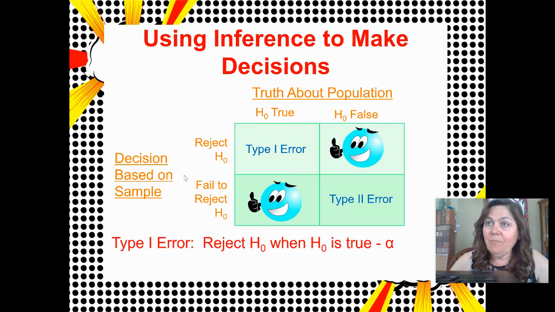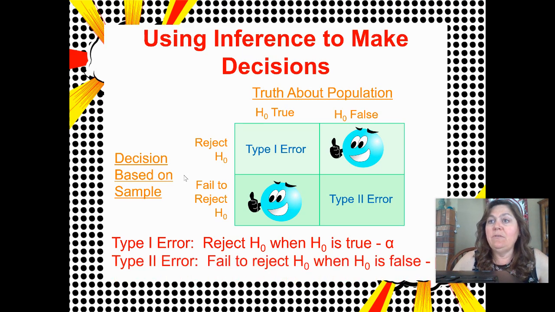Okay? So I just put it in other words for us here. A type 1 error is that we reject the H0 when H0 is true, and that is alpha. That's our alpha. Okay, that's that 5% where we go and we reject, however, shouldn't have. Type 2 error is when we fail to reject.